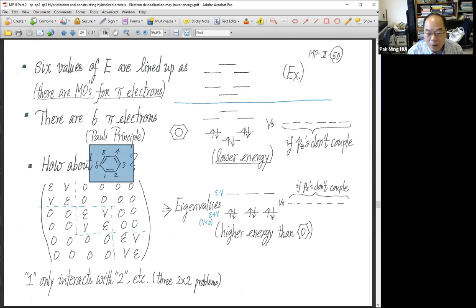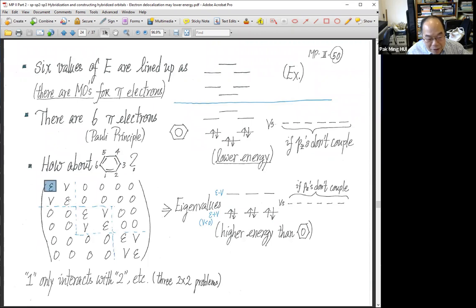So this double bond, double bond, double bond structure. By this structure, we mean 5 is only bonded with 6, 4 with 3, and 1 with 2. So we look at the picture and then we know what it means in terms of this 6 by 6 matrix.